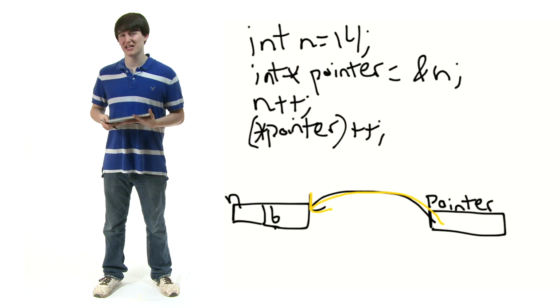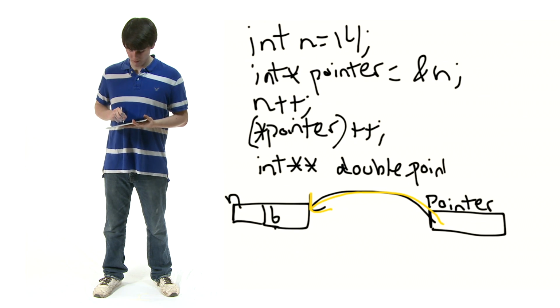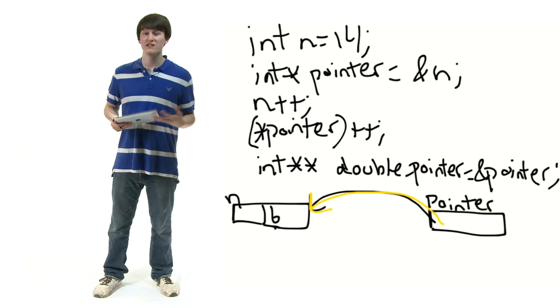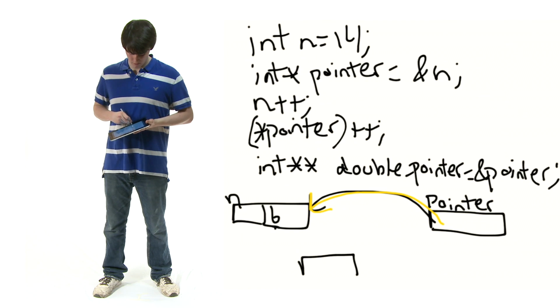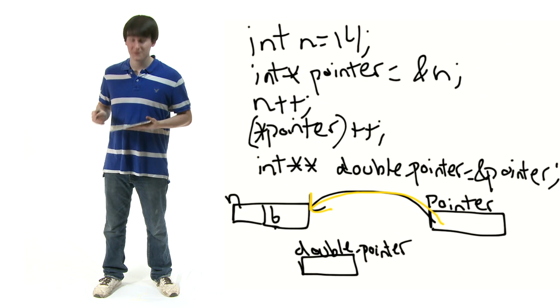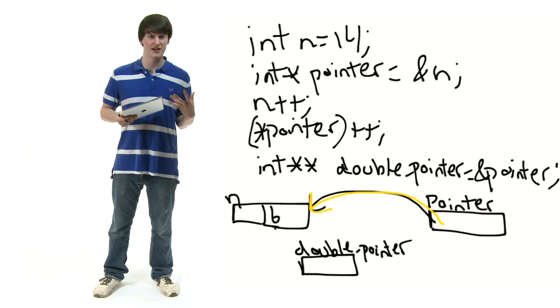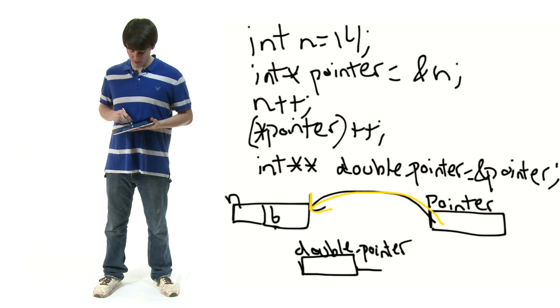But now, what does it mean if I try to say int star star double pointer equals ampersand pointer? Now I'm creating a new box labeled double pointer, and inside of that box I'm storing the address of pointer, which means I draw an arrow from the double pointer box to the pointer box.